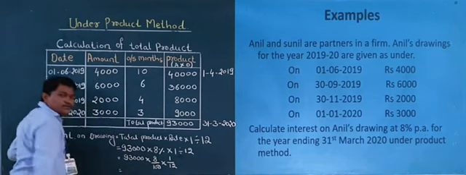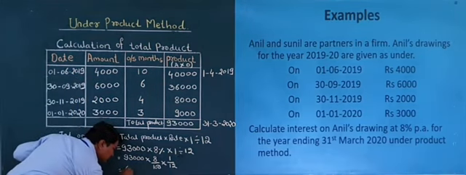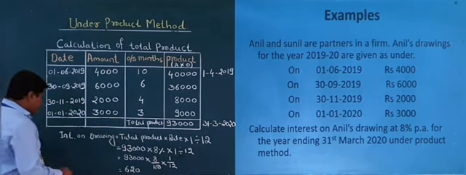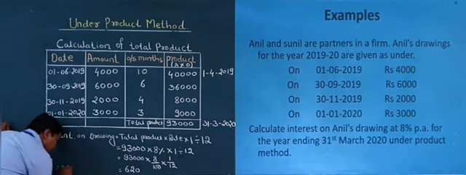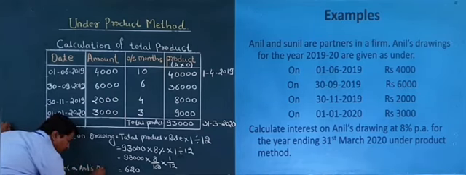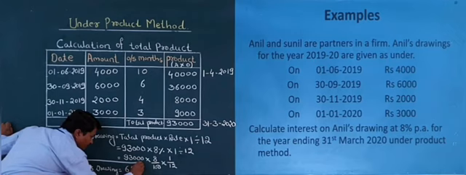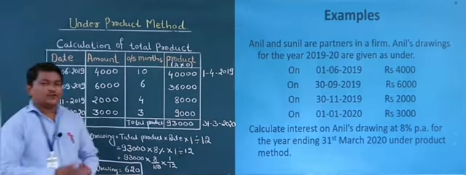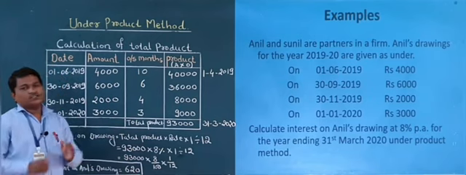So what is the answer? Can somebody say? Yes, it is 620. So this 620 is called, therefore, interest on Anil's drawing. Yes, interest on Anil's drawing is 620.